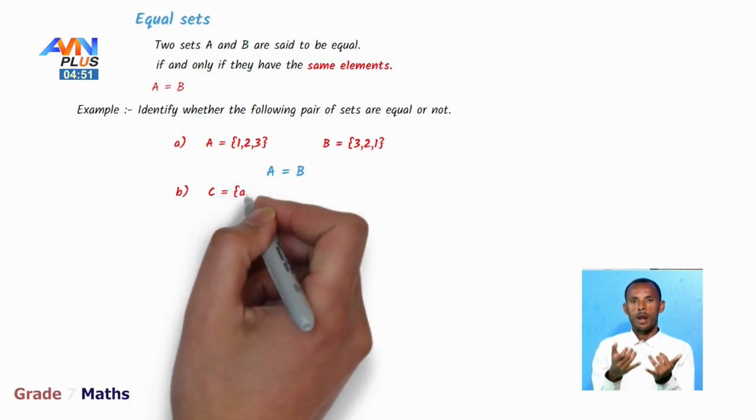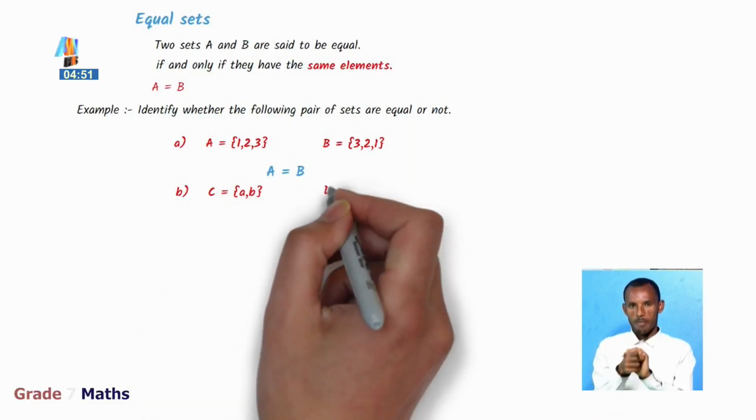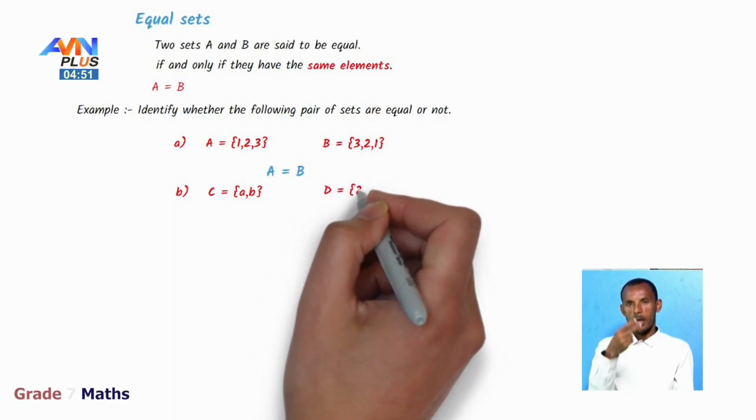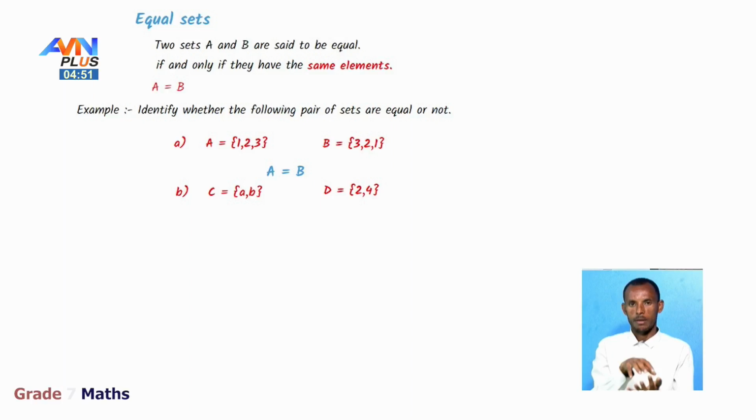Now, let's continue to the second example. Let's take another set. Set C contains the elements a, b. And set D contains the elements 2 and 4.